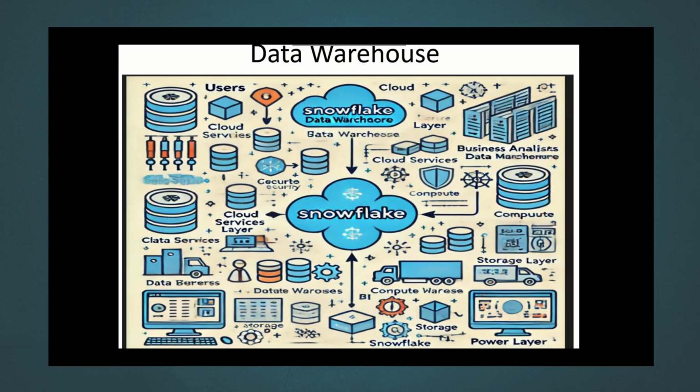Let's say in your company you have different departments: the HR department, the accounts department, the IT department. Every department is generating its own data, right? And then you have a product like a banking system, which is also generating data.